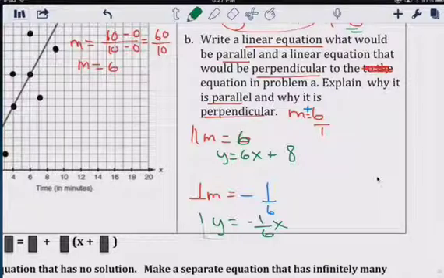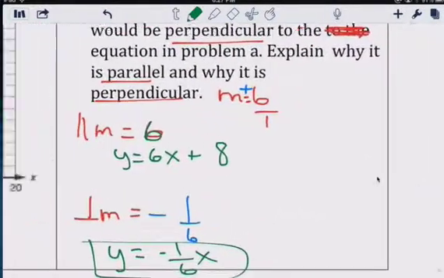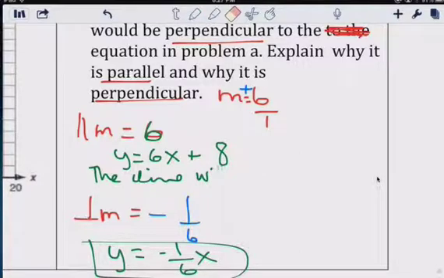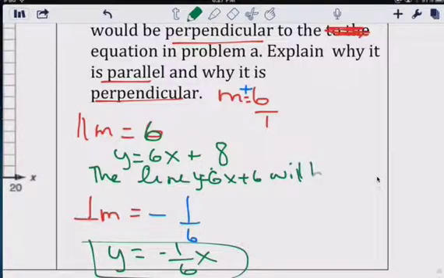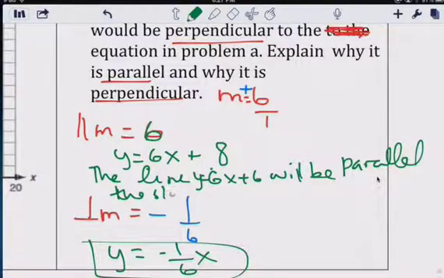Okay? So then you explain, why is this parallel? The line y equals 6x plus 8 will be parallel because the slope is the same and the y-intercept is different.